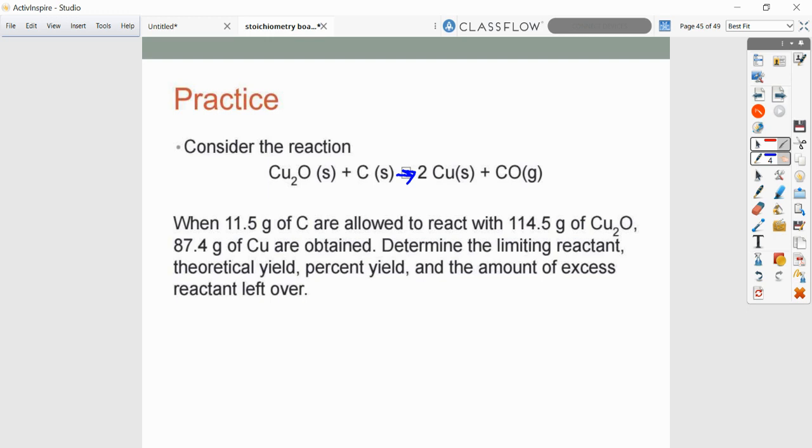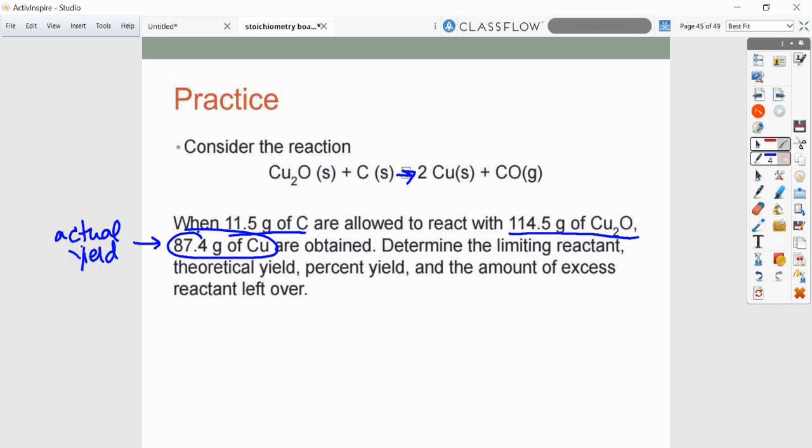So we have 11.5 grams of carbon that reacts with 114.5 grams of copper 1 oxide, and we get 87.4 grams of copper. This is the actual yield, and we'll use it for the percent yield.